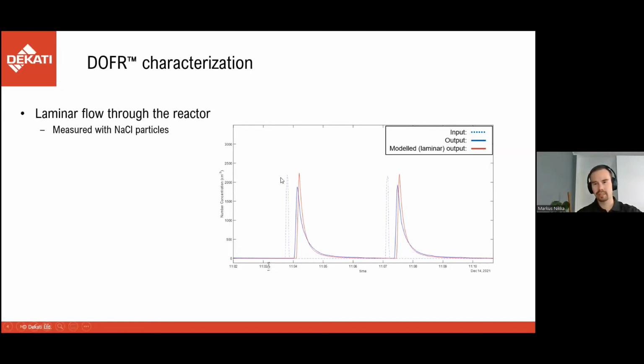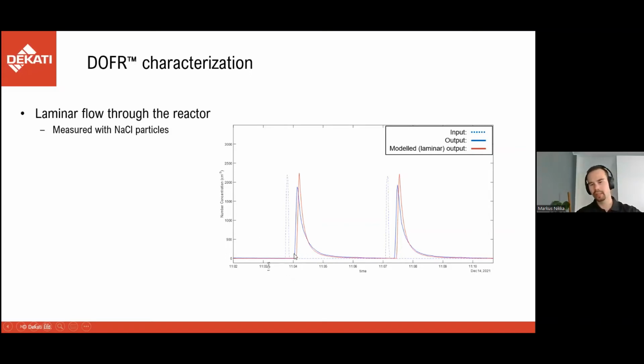We have the dashed line, that is the input burst introduced to the inlet of the reactor, measured with one CPC, and the other blue line is the output distribution measured with another CPC after the reactor. So this describes how the input burst will transform inside the reactor.